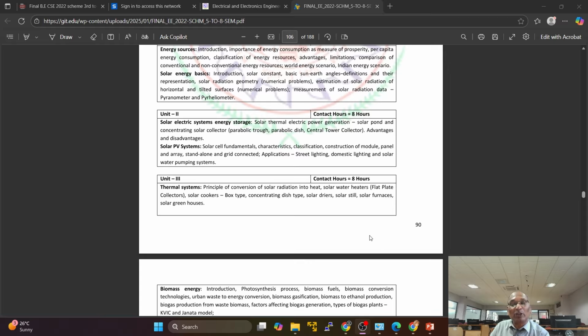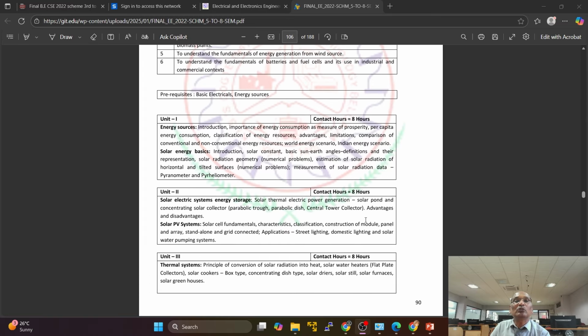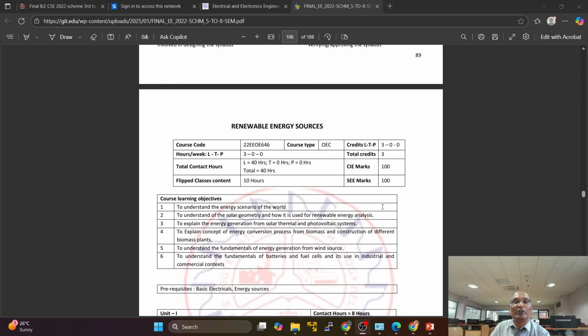The energy requirement will grow more and more day by day. So the scope for renewable energy design, implementation, installation, and working, knowing these things is important these days. So you can make up your mind to take this subject as your open elective.